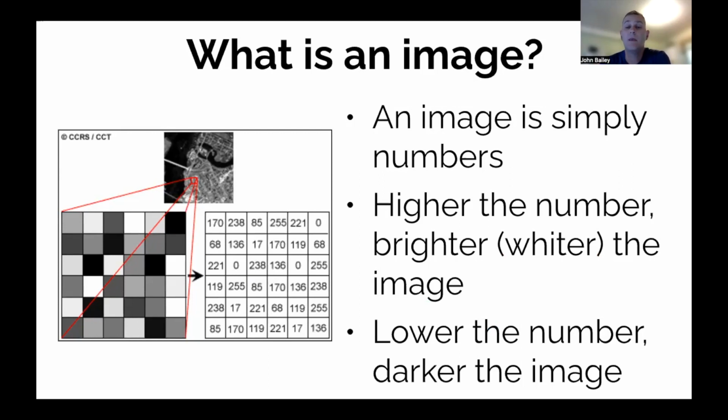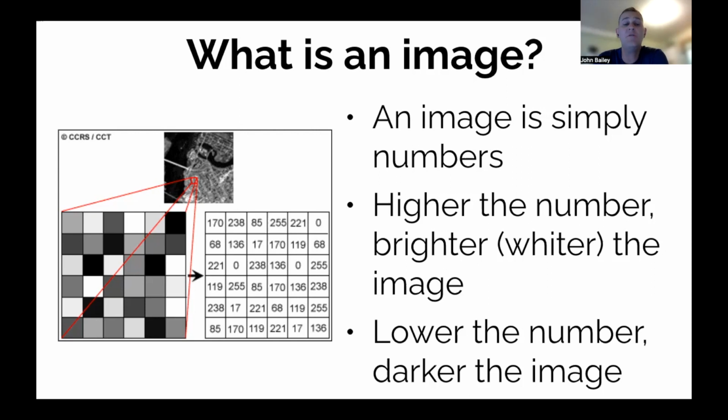Well, a digital image like this is really just a bunch of numbers, where each of these numbers represents a square or a box. And the higher the number, the whiter or the brighter that box becomes.